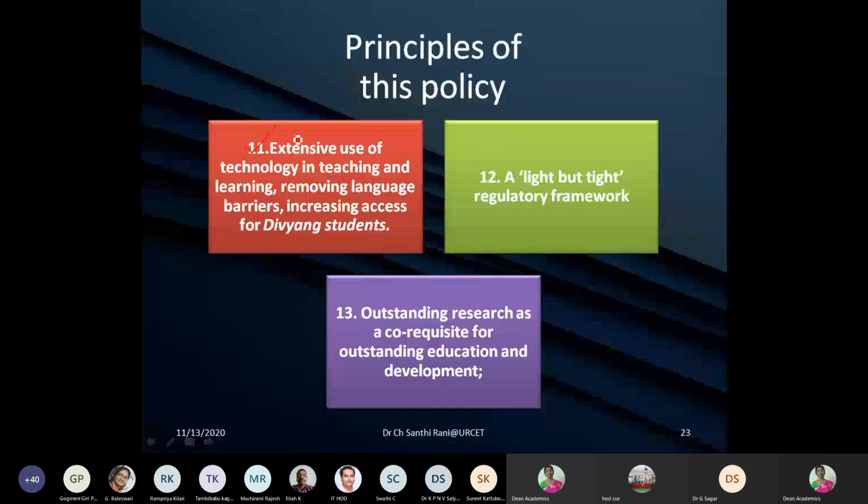So extensive use of technology in teaching and learning is another main principle, and removing language barriers and increasing access for even Divyang students. Some of the handicapped Divyang students are not able to reach certain places. So therefore, if it is made more technology oriented, then it will be easy for everyone to access.